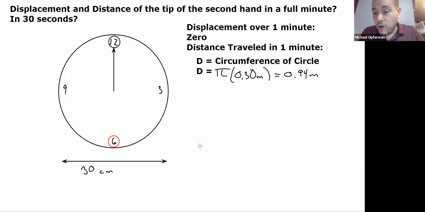So first of all, remember what the displacement is. The displacement is a vector which points from the initial state to the final state, which means the displacement vector looks like that. You can see then the length of the displacement vector there is going to be the diameter of the clock.